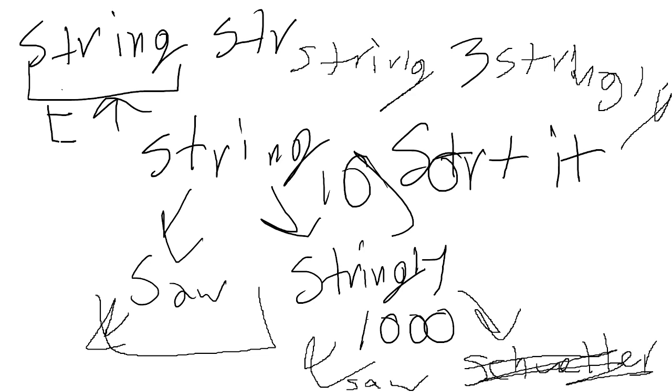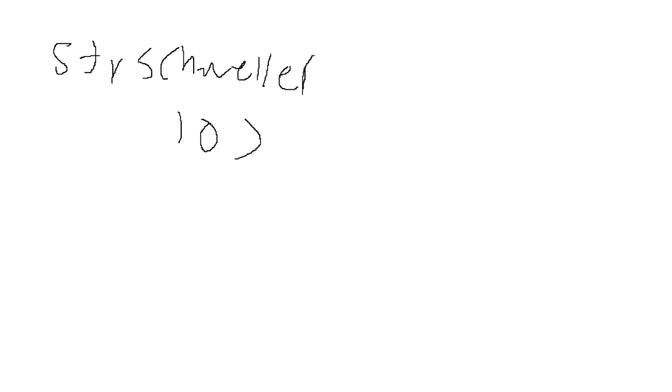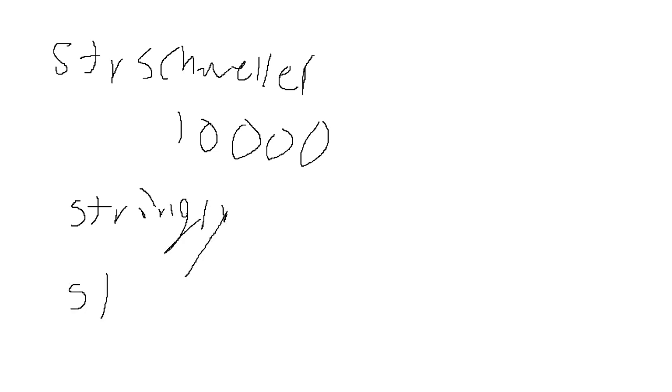Nah, this won't work because I started with str. STR Schweller. Okay, let me clear this out. So you guys get the idea of sorting. Now, STR Schweller has a frequency of a million. We have stringly, and then we have string.